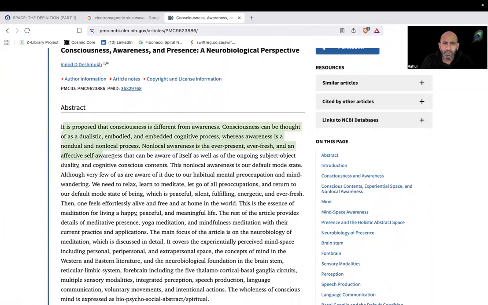I think this first abstract gives us a good one. It's proposed that consciousness is different from awareness. Consciousness can be thought of as a dualistic, embodied, and embedded cognitive process, whereas awareness is a non-dual, non-local process. So the noun and the verb.